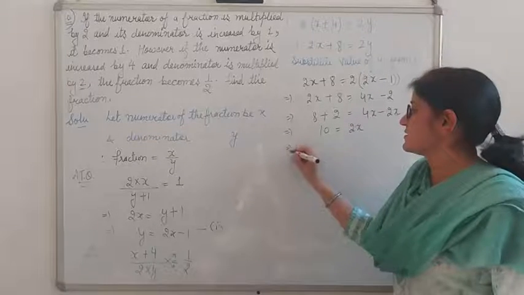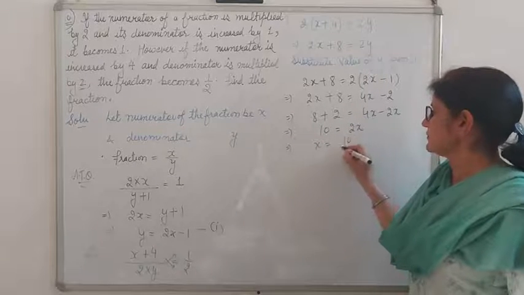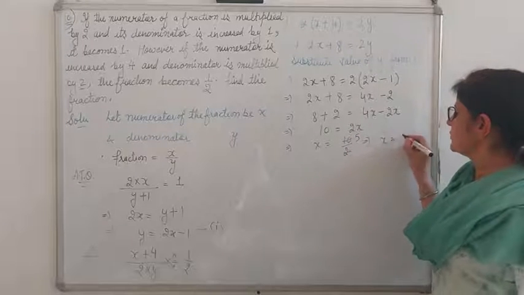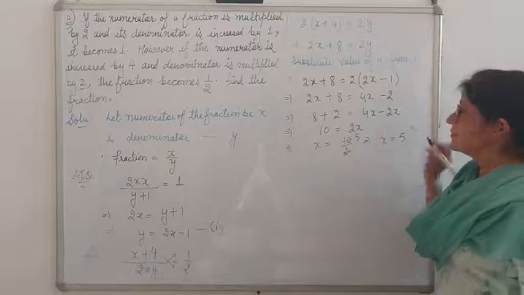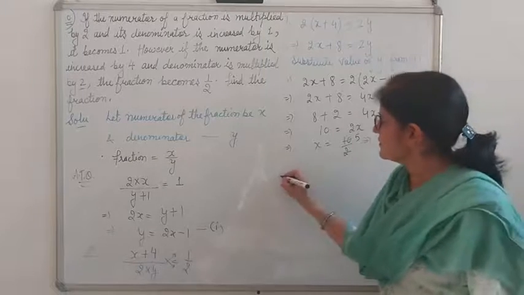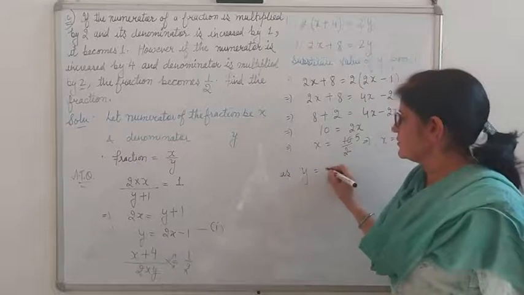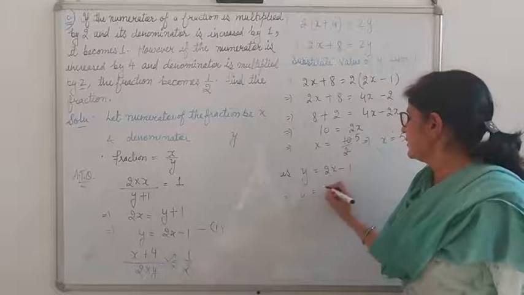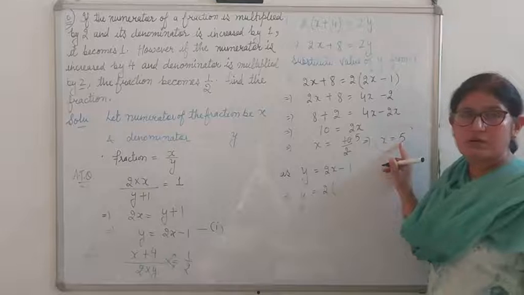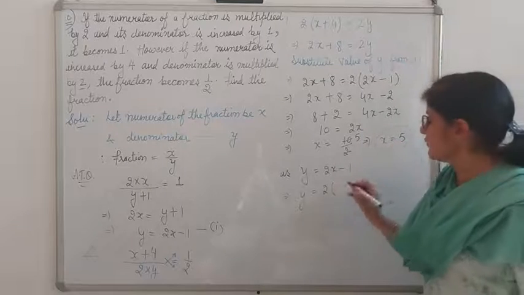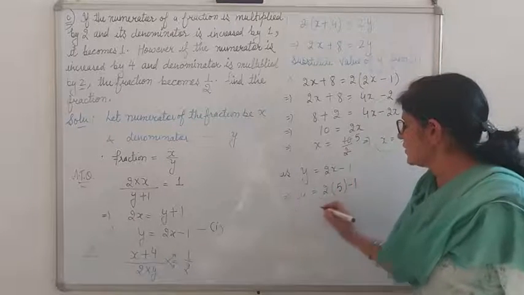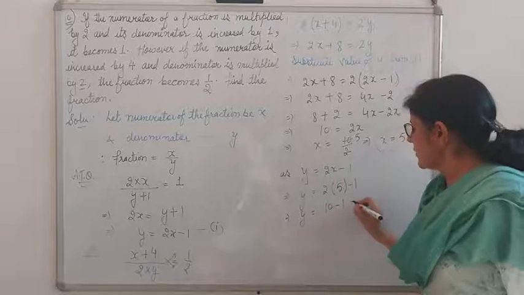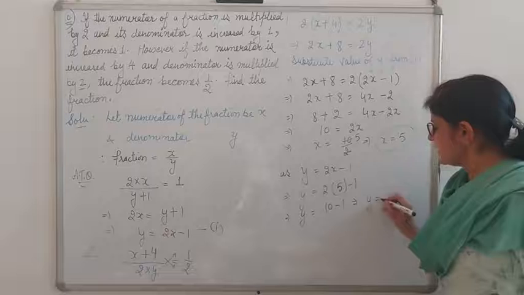Then what is x? x is 5. So as y is 2x minus 1, what will be y? 2 into x, x is 5, minus 1. y is 10 minus 1. That means y is 9.